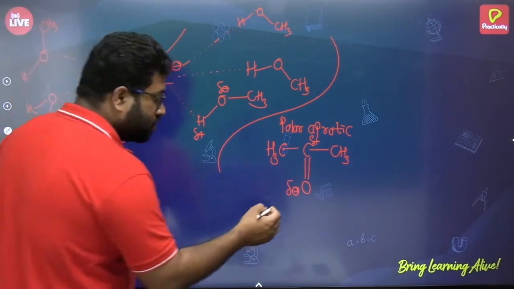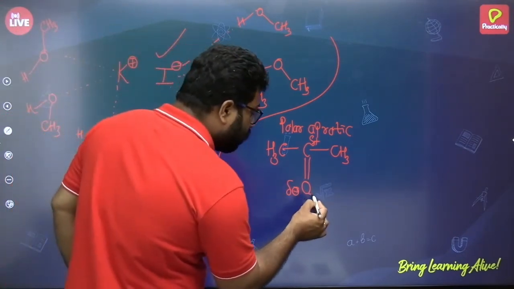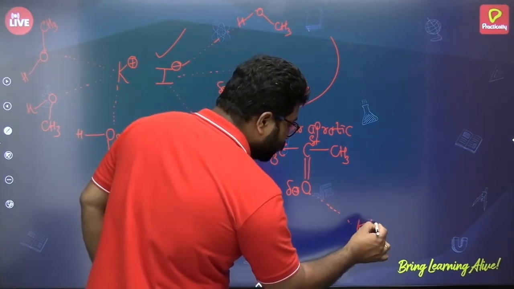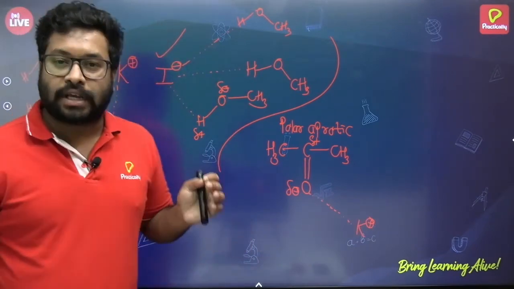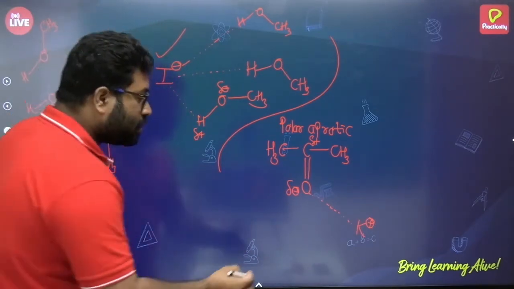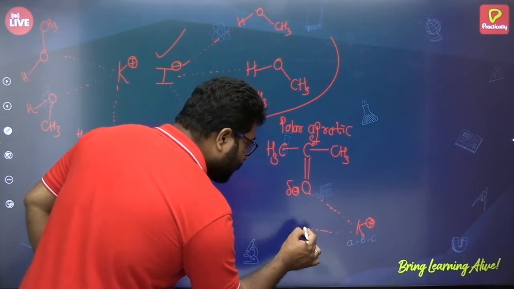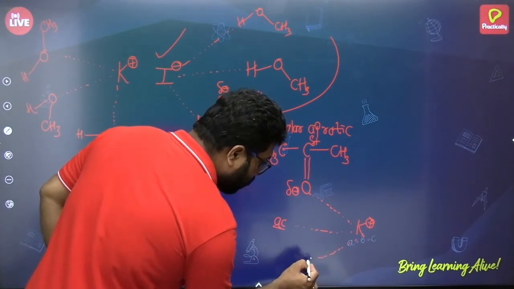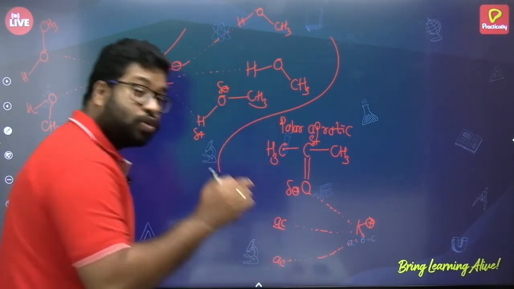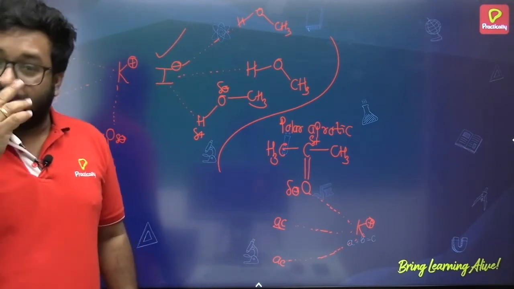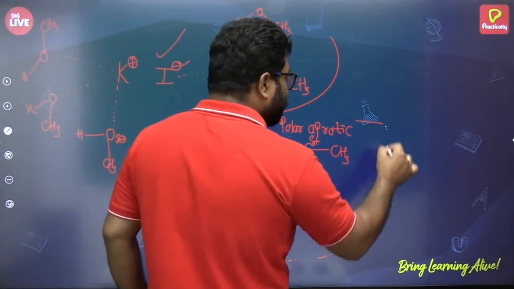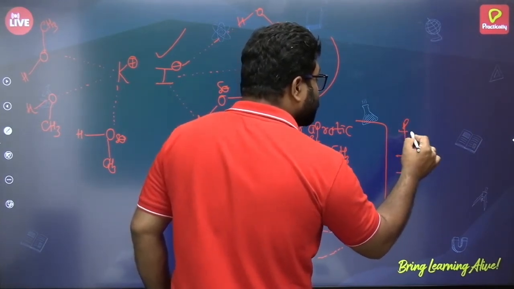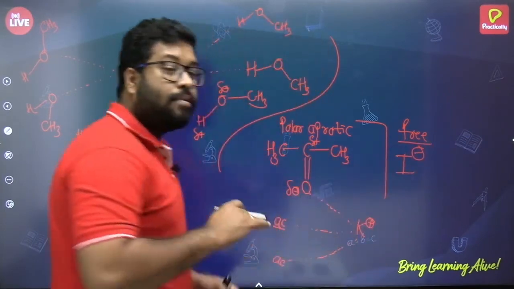However, oxygen, which has a delta minus, would solvate the cation surely. From the KI, the K plus would get solvated from all sides by acetone through oxygen, which will leave I minus completely free.